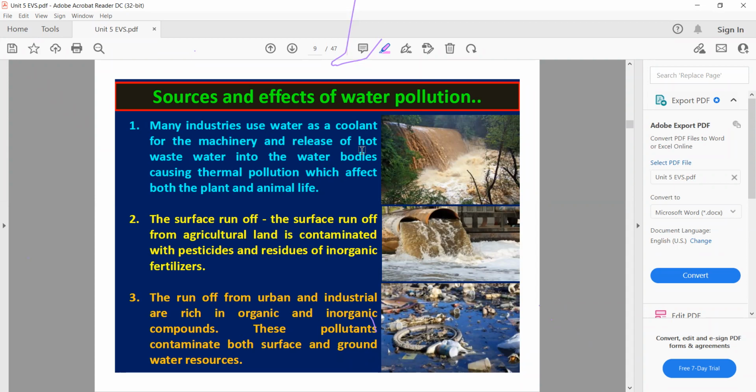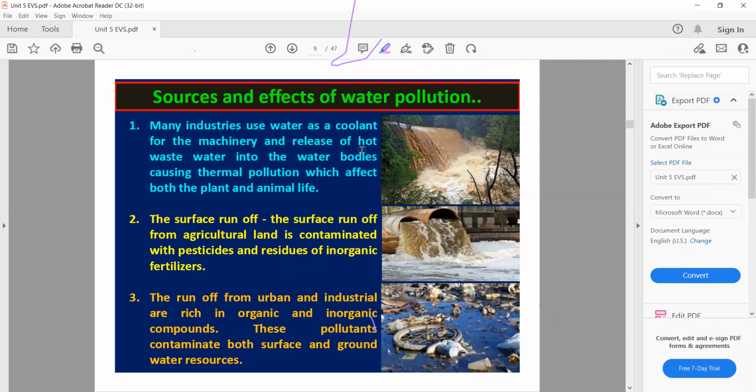Clear? Next is surface runoff. The surface runoff from agricultural land is contaminated with pesticides. See, pesticides are toxic chemicals, that is the reason why they are able to kill the pests.